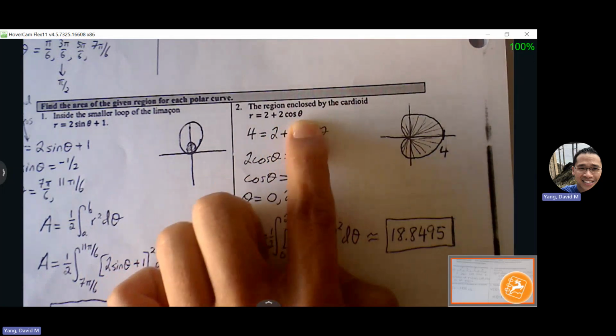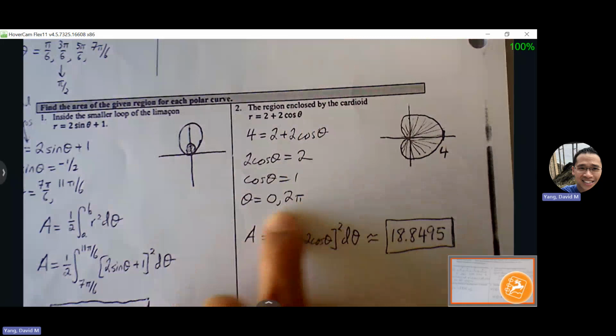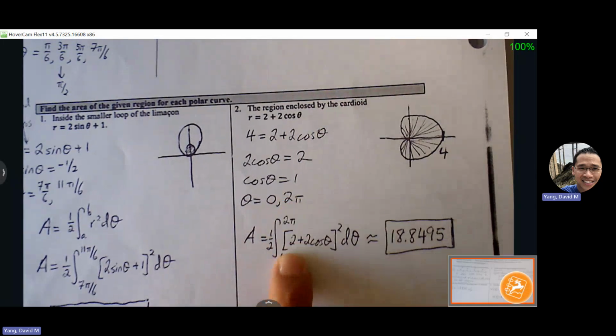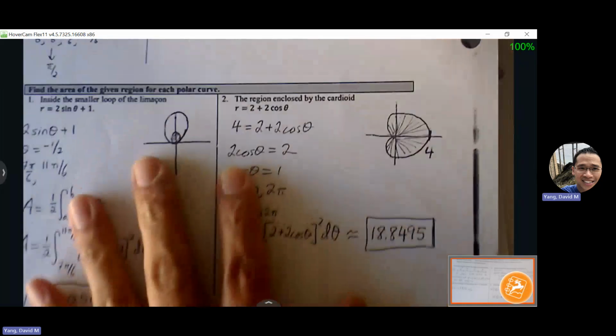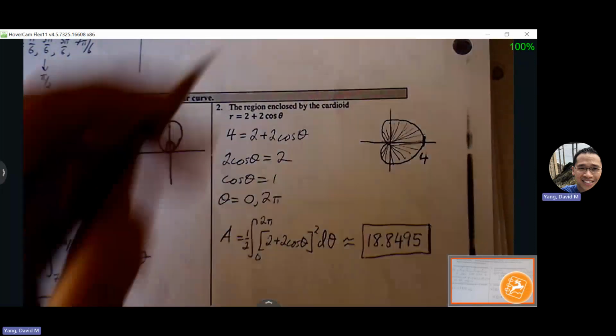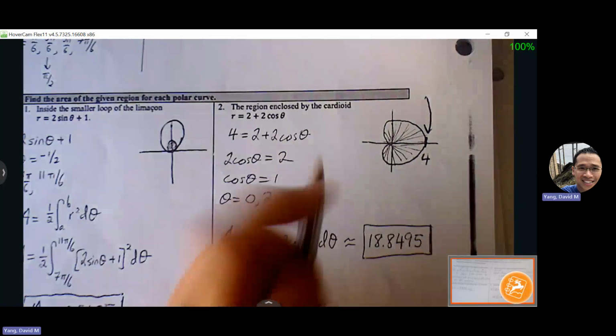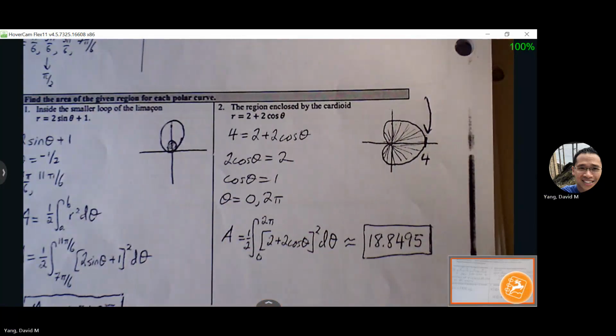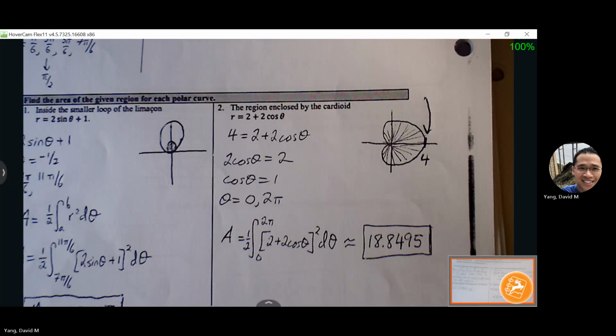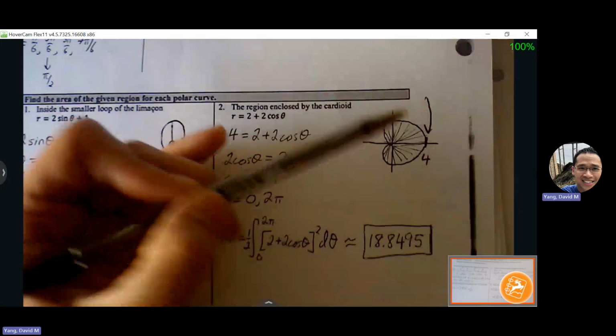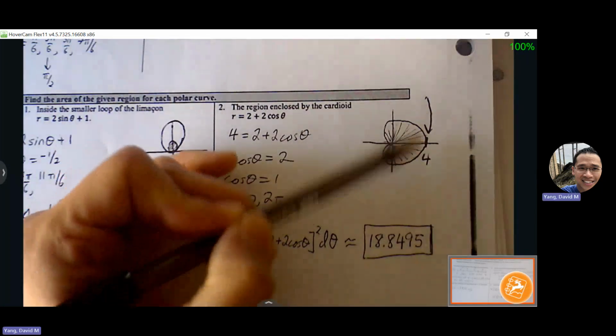Yeah, so I think if we just use previous knowledge of what we know about cardioids, a cardioid is going to complete this full cycle between 0 and 2 pi. We can jump directly to this, not having to set that. But basically, we know that using a table of values, it keeps going.